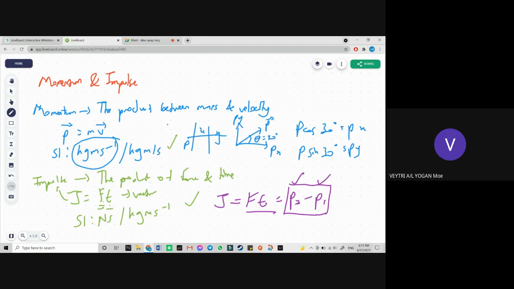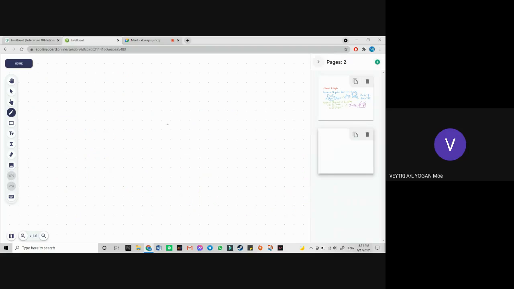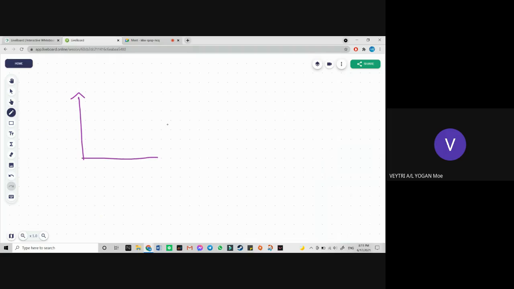Now, let me open up another page. Another important part about impulse: impulsive force. Earlier it was impulse, now impulsive force. Impulsive force is a type of force. Earlier it was merely impulse. Impulse is J, right? Impulsive force: J equals Ft.